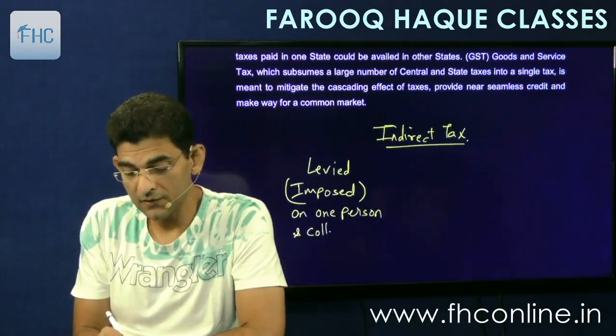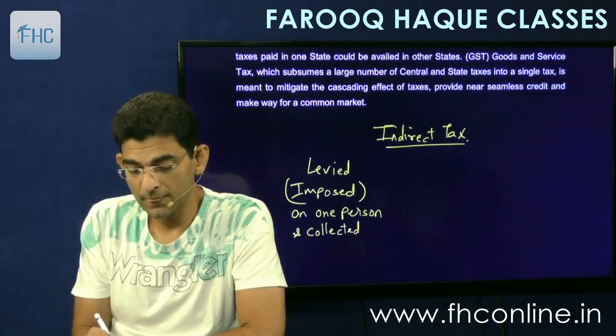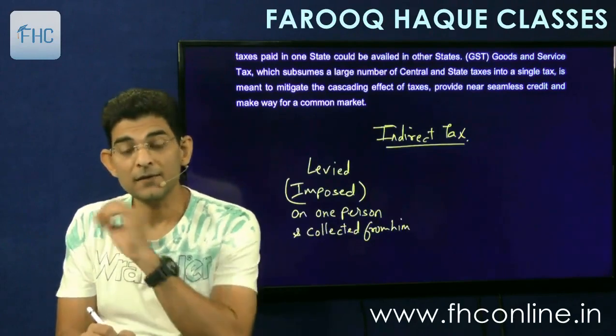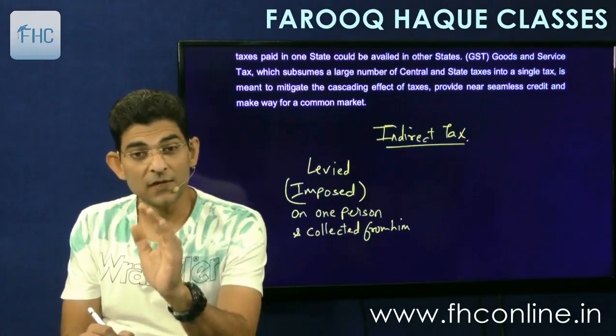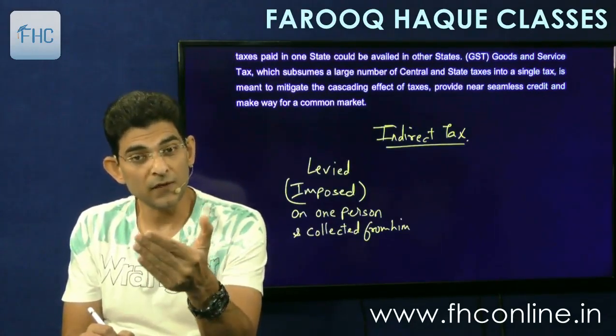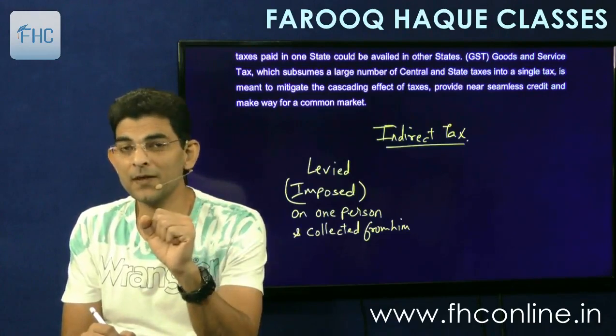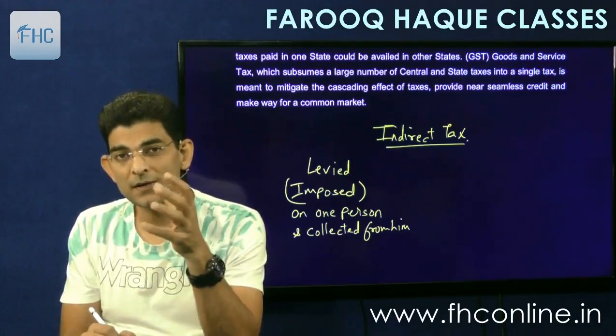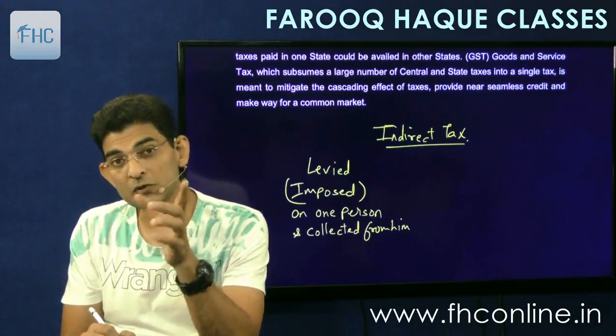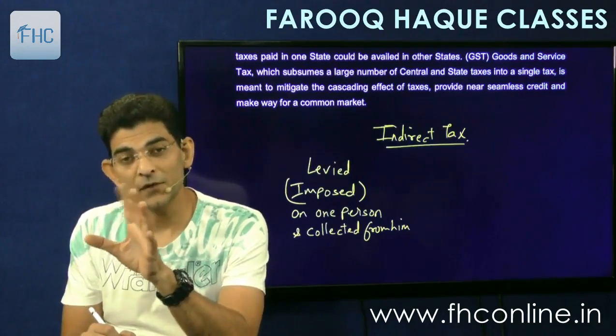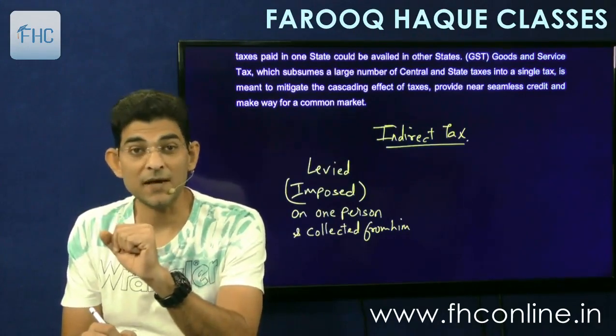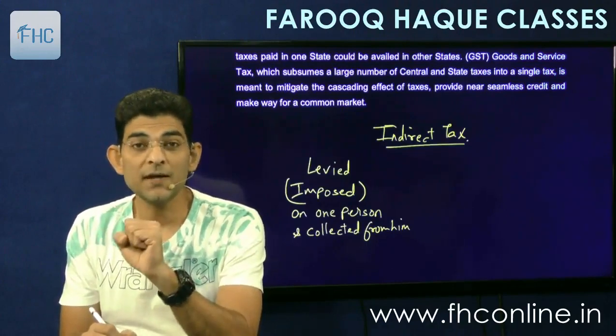The government collects the tax from him, but that person is allowed to shift the burden of tax to another person. So the ultimate liability falls upon the other person, because he ultimately ends up paying the tax. Therefore it is called indirect tax.